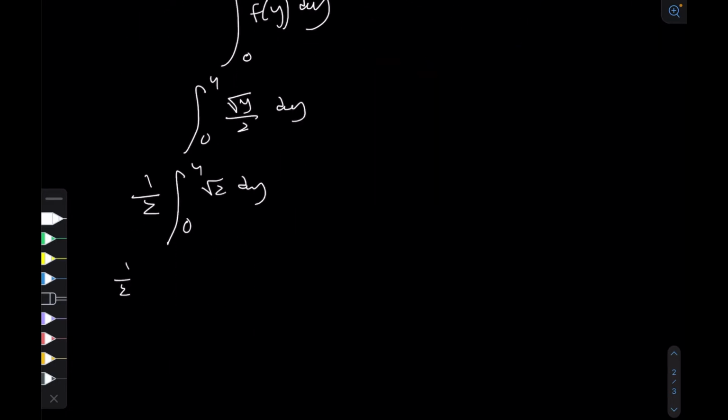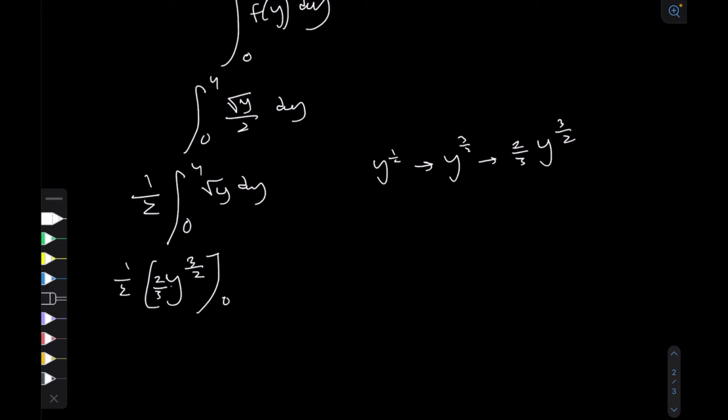Now we integrate, this should be y to the half, you add 1 to the power to get 3 over 2, and then you divide by that power, so 2 over 3, y to the 3 over 2. So y to the 3 over 2, times 2 over 3, from 0 to 4.